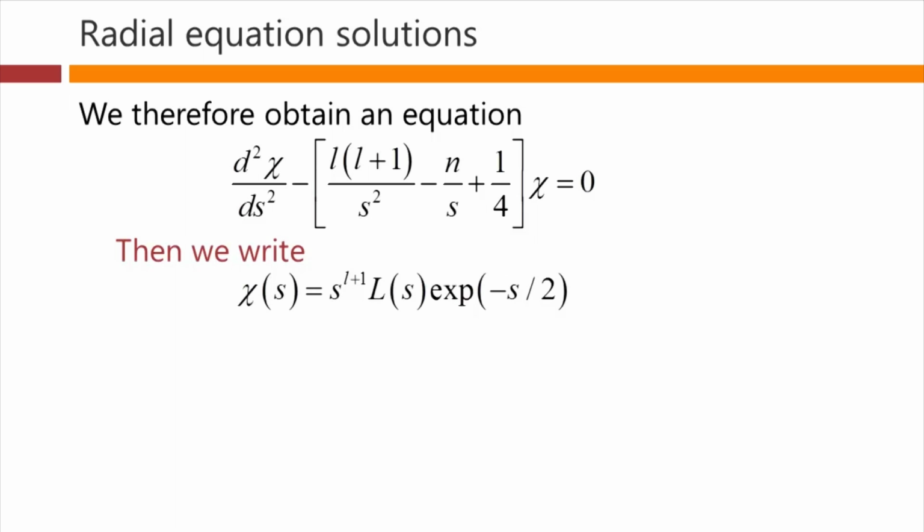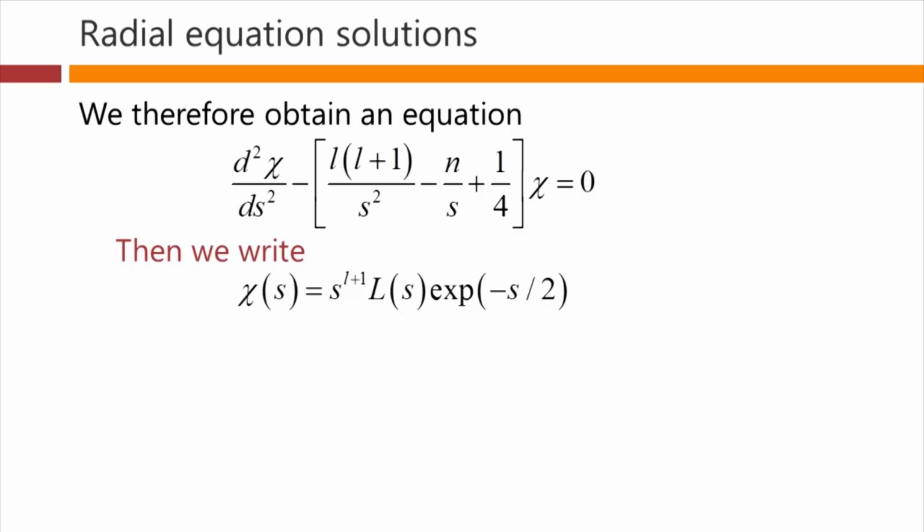Then we write, let's presume that this chi of s function is s to the little l plus 1 times some function capital L of s times e to the minus s over 2. Now, incidentally, this capital L here is nothing to do with the angular momentum operator. It's just because of the particular name we're going to end up with for these functions that we also are using the letter capital L here, but don't confuse this with any solutions of the angular momentum equation.